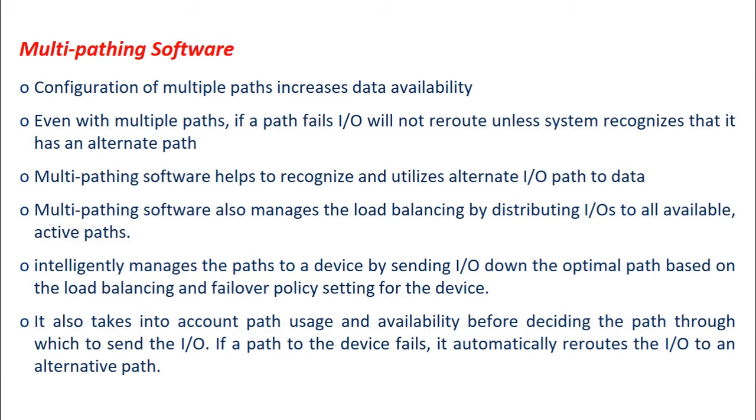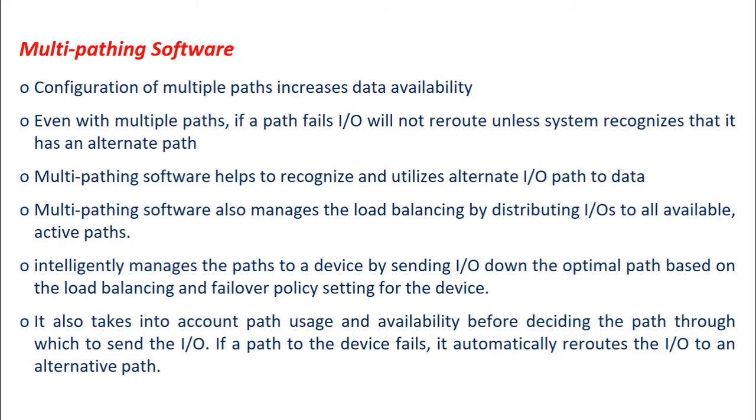Configuration of multiple paths increases data availability. Even with multiple paths, if a path fails, input output will not reroute unless the system recognizes it. Multipathing software helps to recognize and utilize the alternate path to the data. Multipathing software also manages load balancing by distributing the input outputs to all the available active paths.